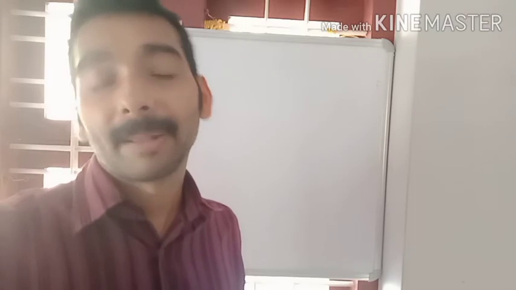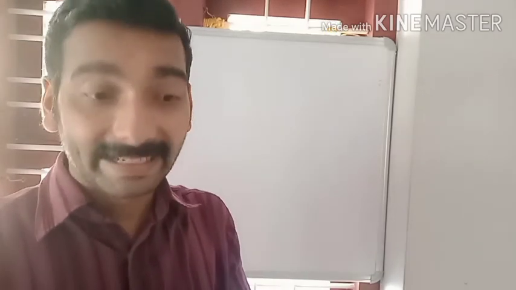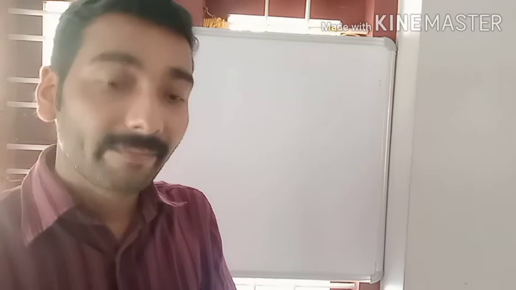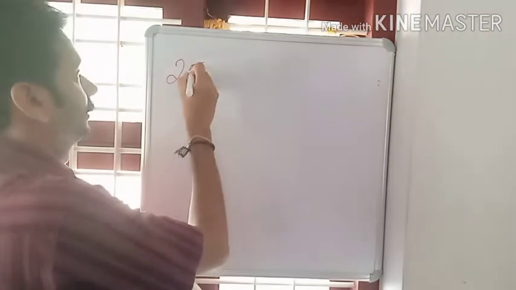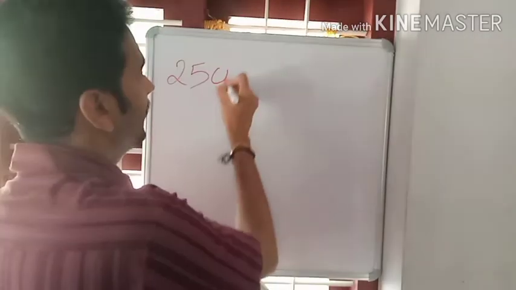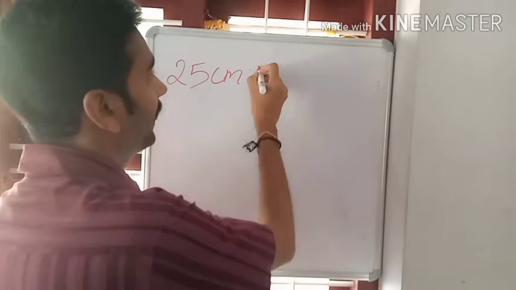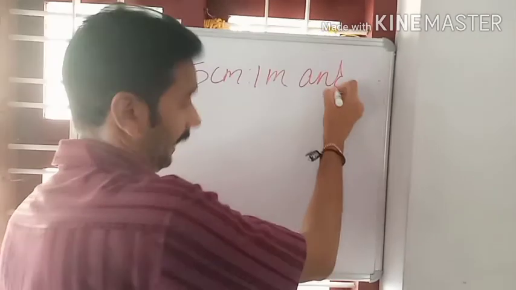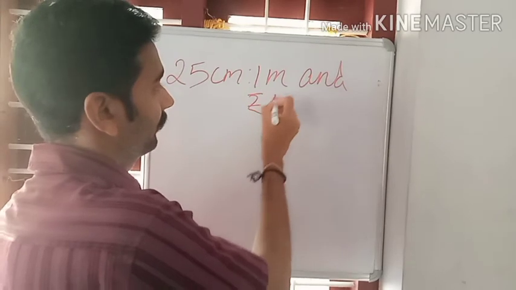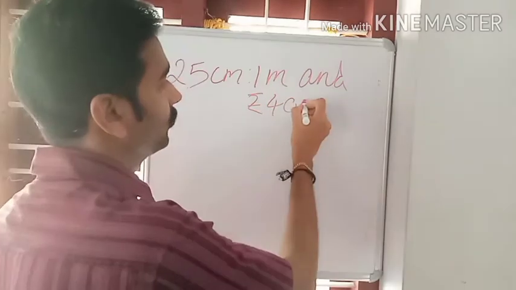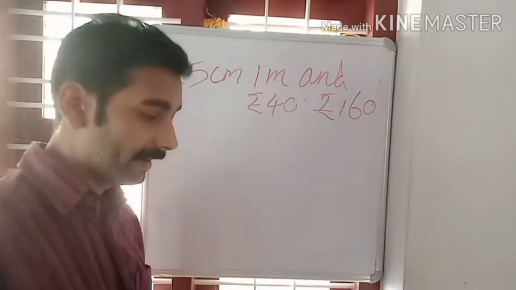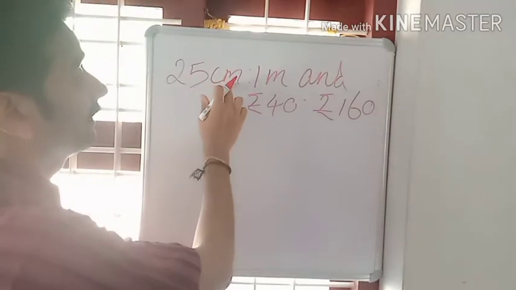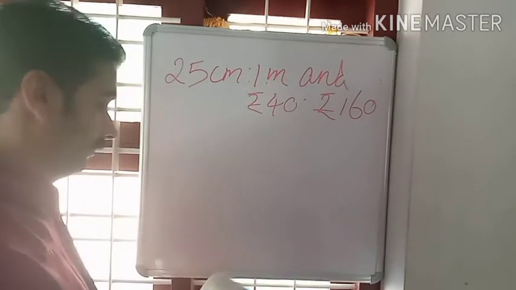We convert it into the lowest terms. The question is 25 centimeter is to 1 meter and rupees 40 is to rupees 160. This one is 25 centimeter, this one is 1 meter.